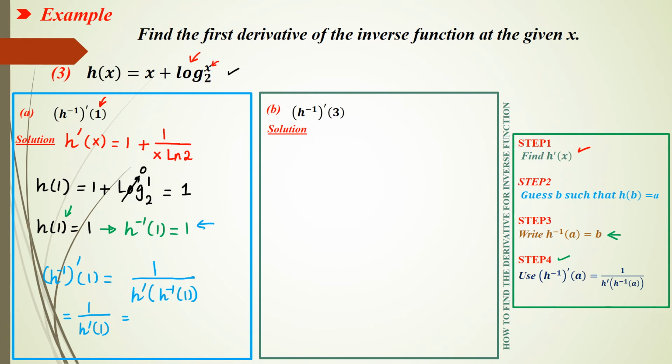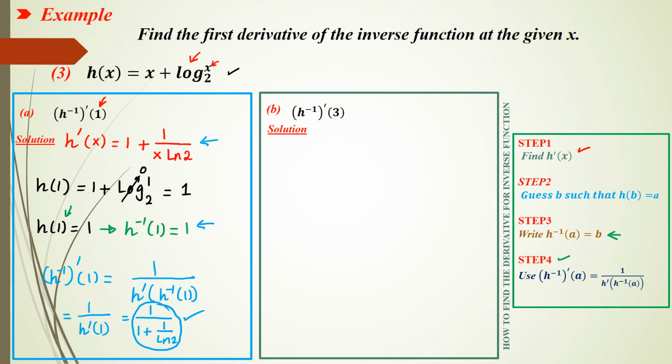For h prime of 1, you have to replace x here, and you'll get 1 over 1 plus 1 over ln 2, and you can simplify it more.